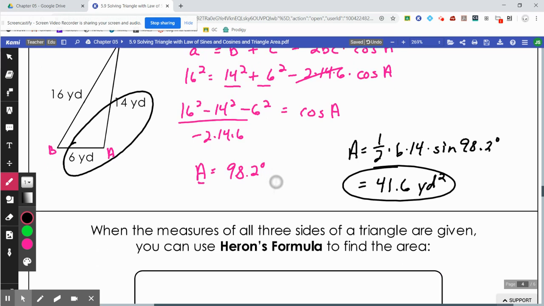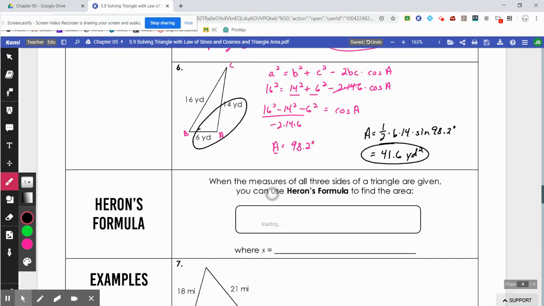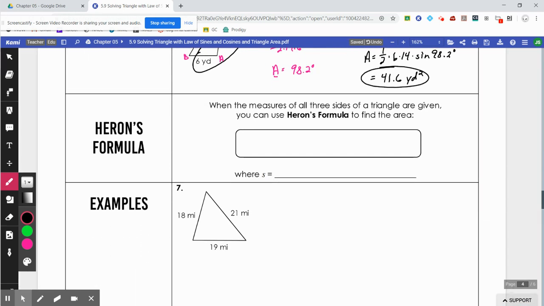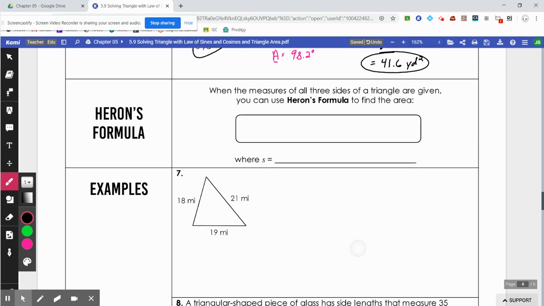Okay, another way, and we could have actually used it on that one. Another way to find the area of a triangle when you're given all 3 sides. When the measure of all 3 sides of a triangle are given, you can use Heron's formula. And here's the formula for that.